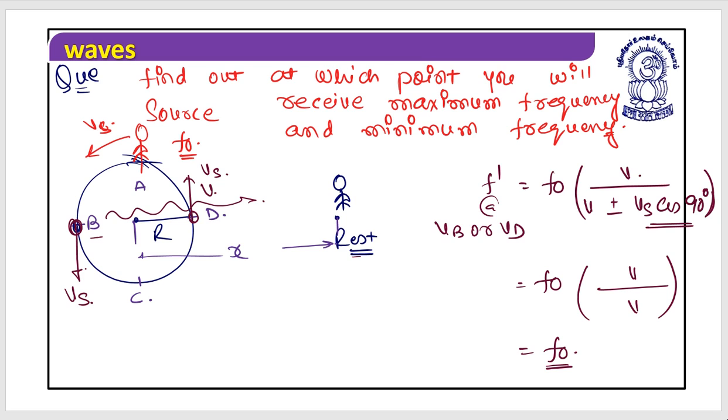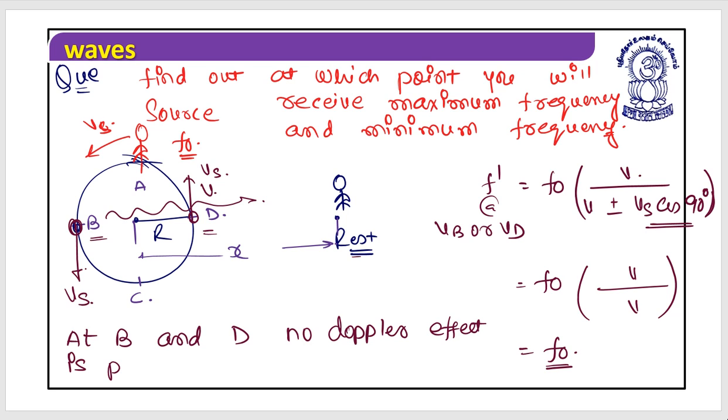So at these two locations, B and D, no Doppler effect is possible.